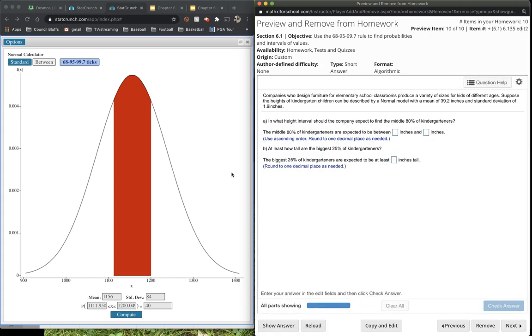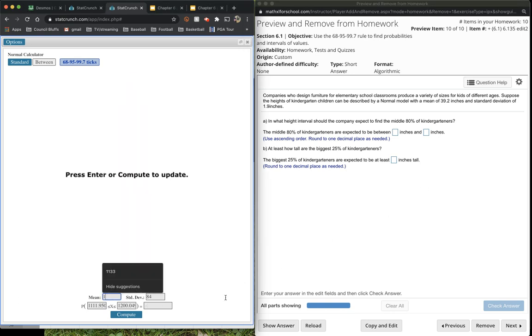Okay, number 10, same thing, but different mean and different standard deviation. So, in what height interval should the company expect to find the middle 80% of kindergartners? So, our mean this time is 39.2, and our standard deviation is 1.9, and we want the middle 80%.